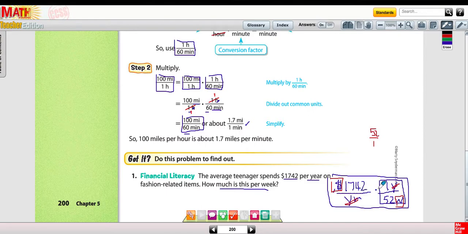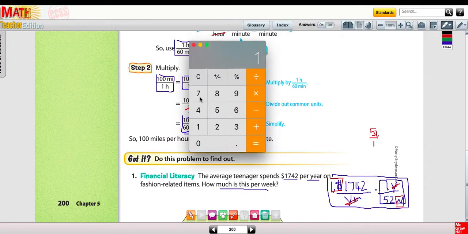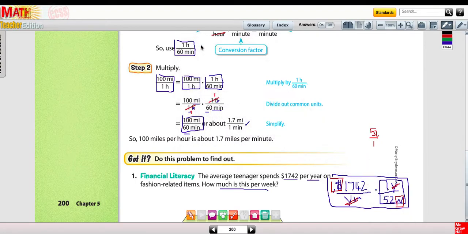And so I have 1742 times 1 and 1 times 52. So all I have to do is take 1,742 and divide that by 52 to find my answer of $33.50. So go ahead and write that down here, $33.50.